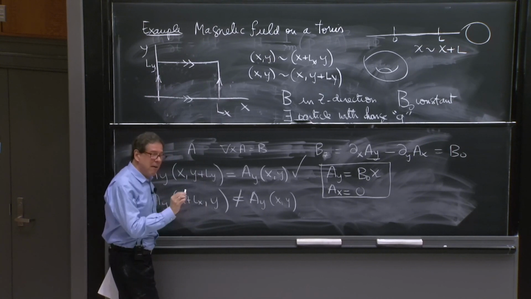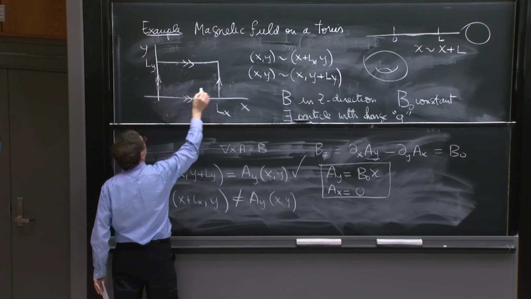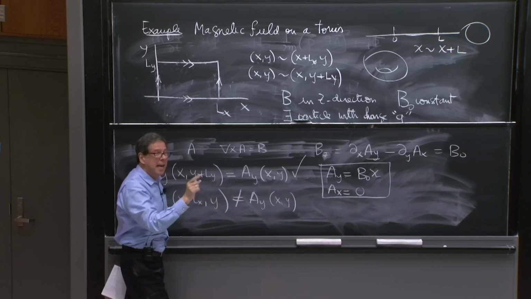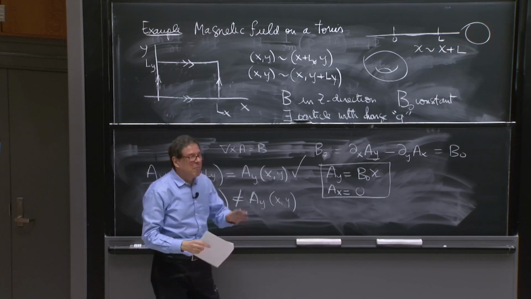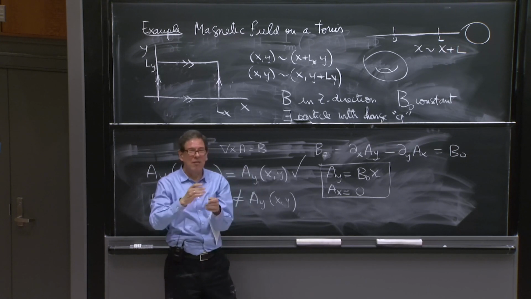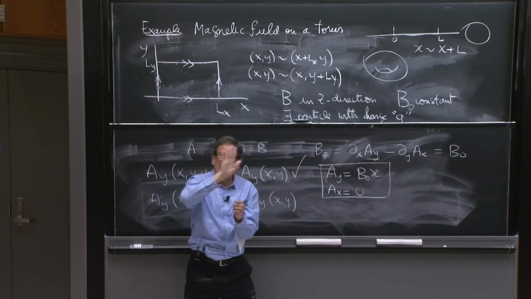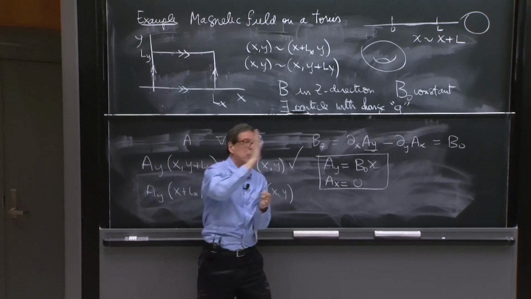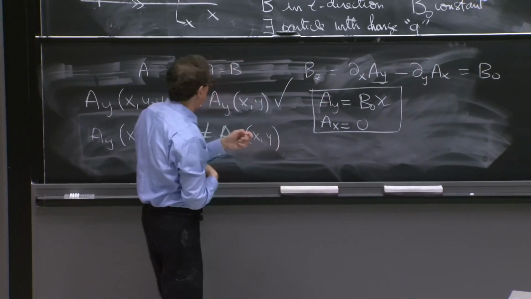It is enough if the vector potential here and here, which is the same point, differ by a gauge transformation. So the vector potential is a subtle object. Here is the torus. In one part of the torus, it has a formula. In the other part, it may look like it's not consistent, but you can use another formula related by a gauge transformation.